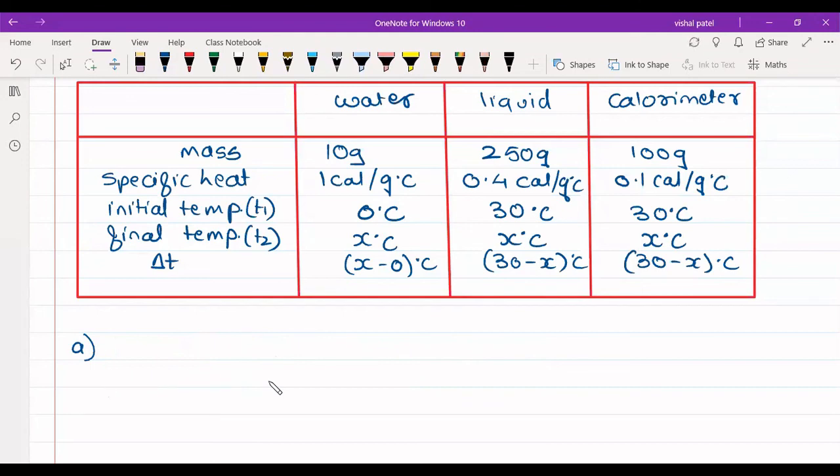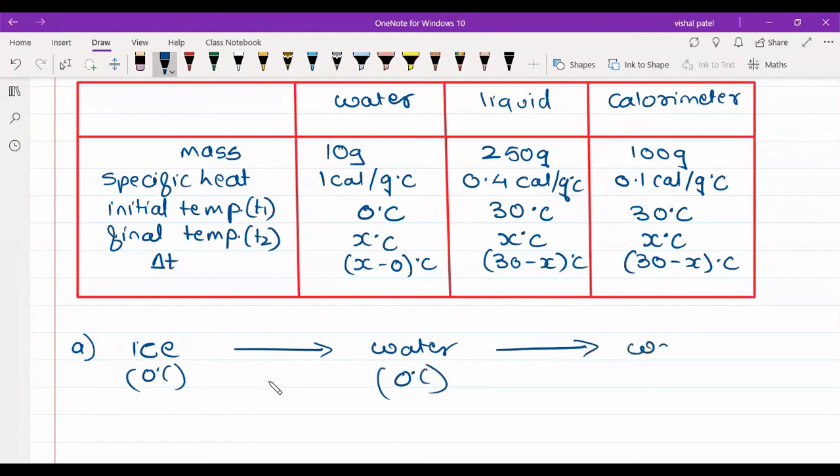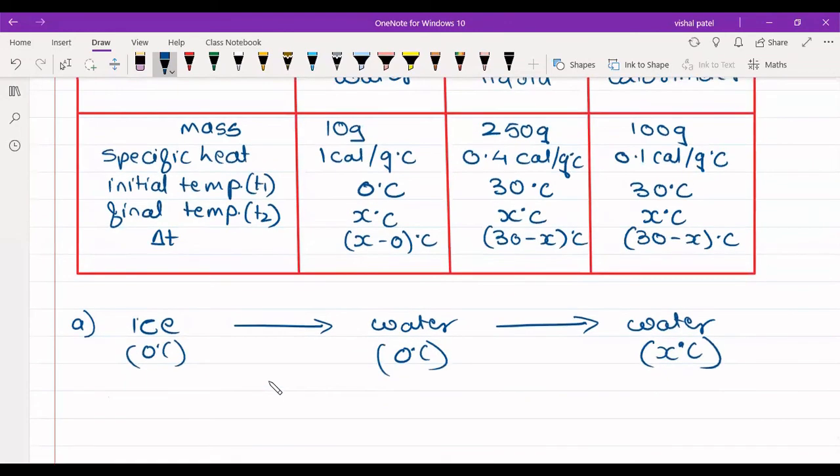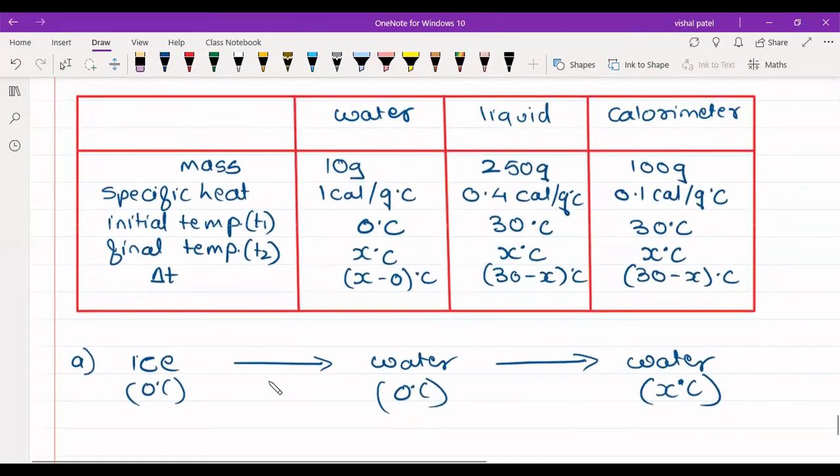I have ice at 0 degrees Celsius. It is converted to water at 0 degrees Celsius. Then the temperature of this water is raised to x degrees Celsius. Okay? See here also I have written x degree Celsius. The heading is water.